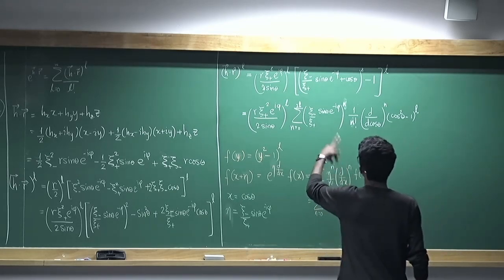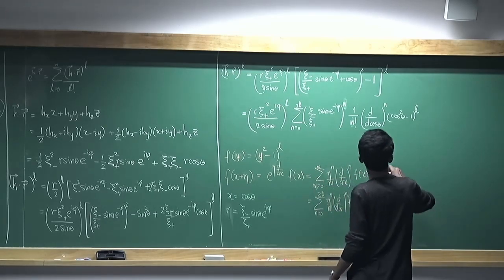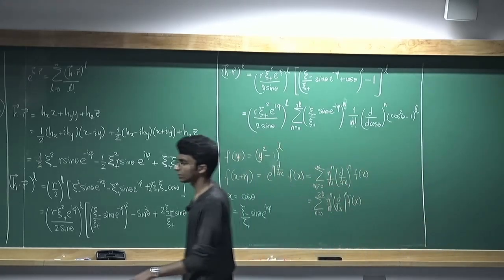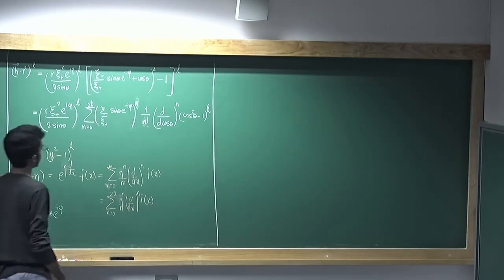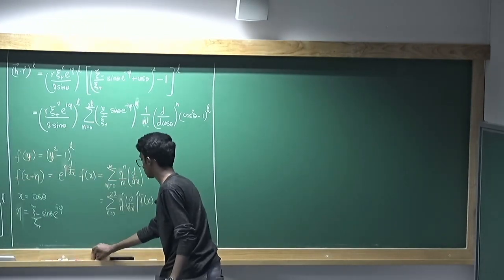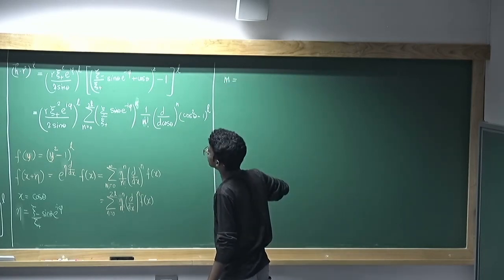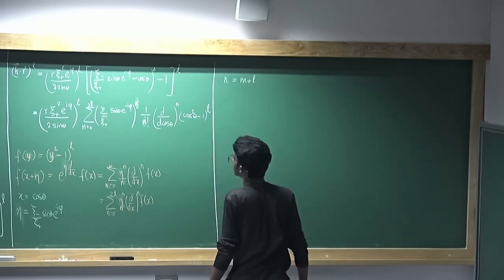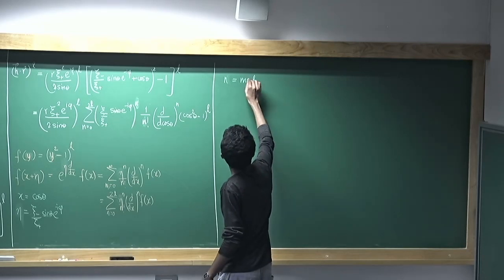So I want this sum to go from minus L to L. So let me define n, maybe as m plus L, m minus L maybe.